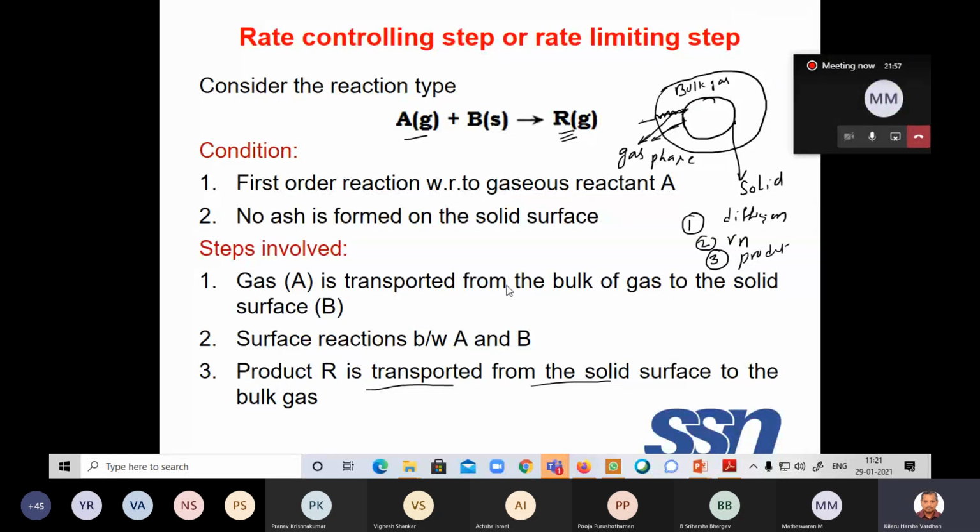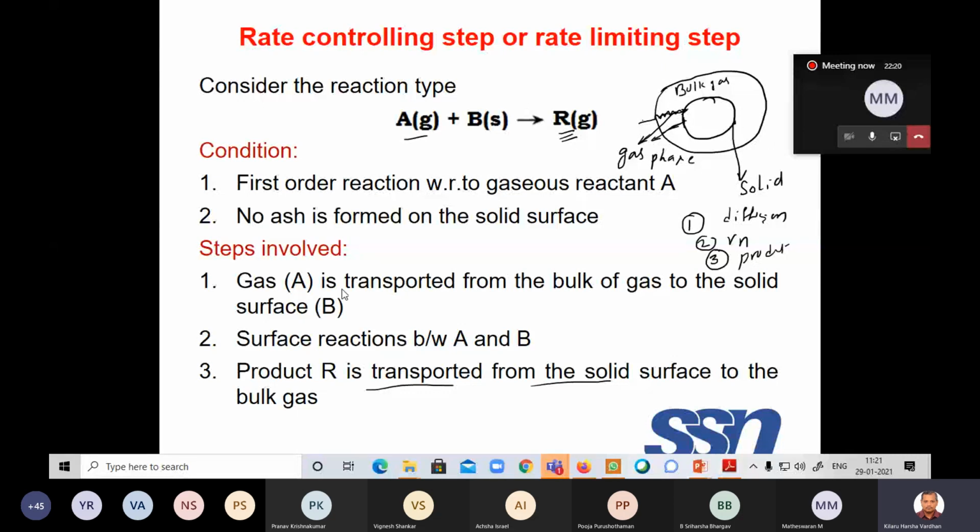Gas A is transported from the bulk of the gas to the solid surface. The gas is present around almost the entire solid. Therefore, the gas molecule should penetrate through the bulk of the gas and reach the solid surface.